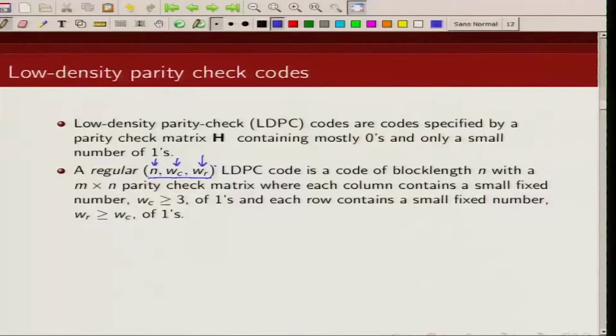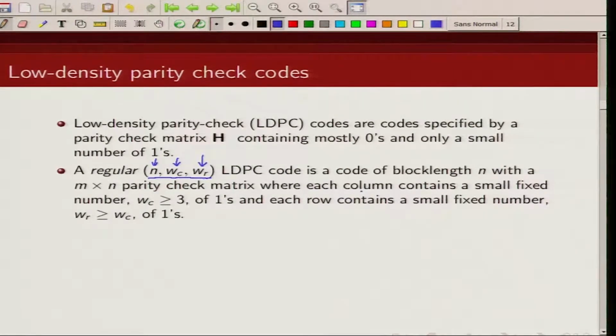Again, for a regular LDPC code, the number of ones in each row is the same. So, a regular LDPC code is specified by the block length n, the number of ones in each of the columns, and the number of ones in each of the rows.